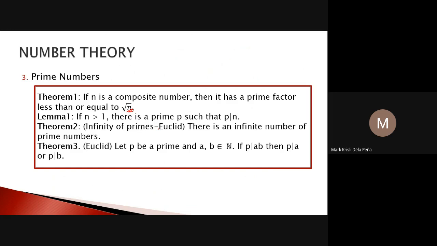I think that is the basis of cryptography, because in cryptography, the larger the prime number that you can generate, the more difficult it will be to decrypt. So there is still a computer solving for the largest prime number until now.